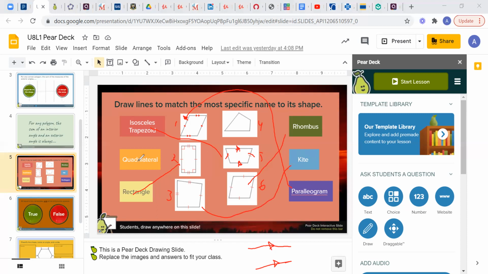So a quadrilateral, what about 4? 4 remains a quadrilateral because a quadrilateral is just a 4-sided figure, okay? Here, all of them are quadrilaterals, but the question says draw lines to match the most specific, okay? Most specific means after it has gone through a lot of scrutiny, the least it could be.